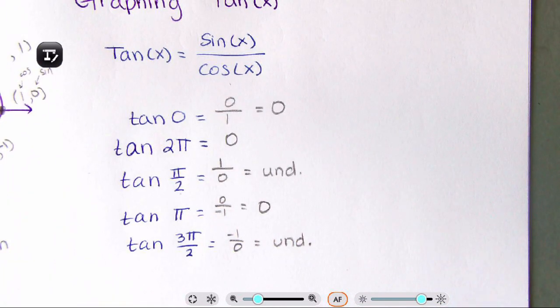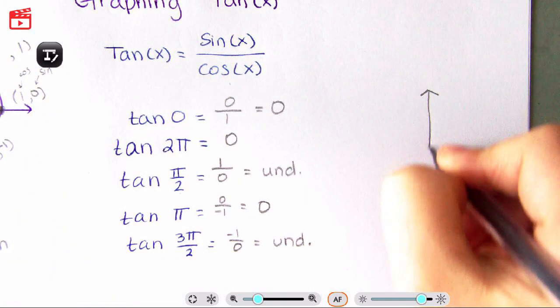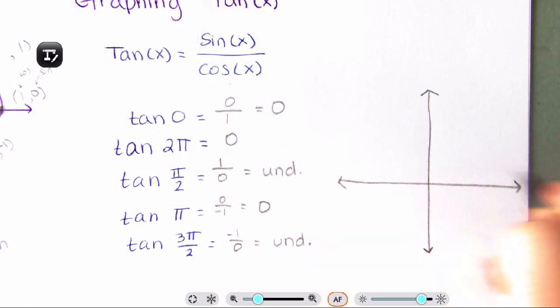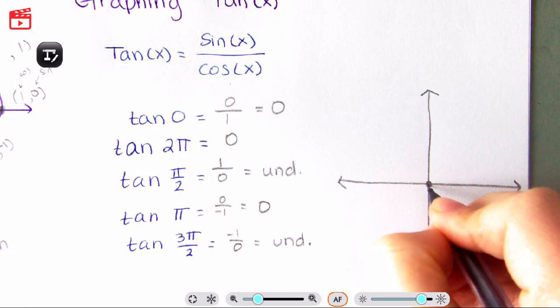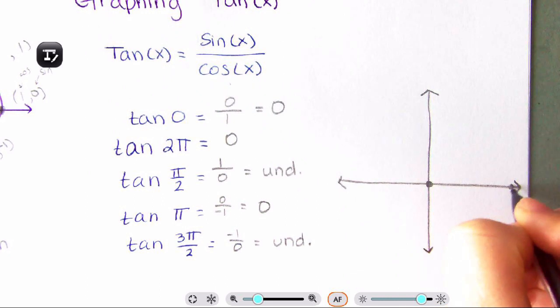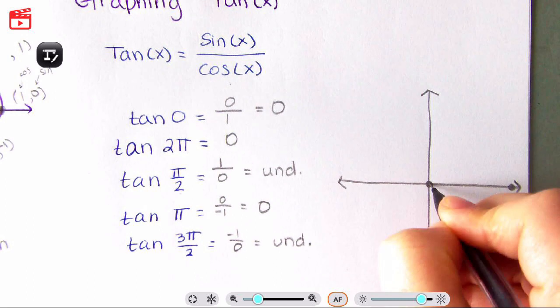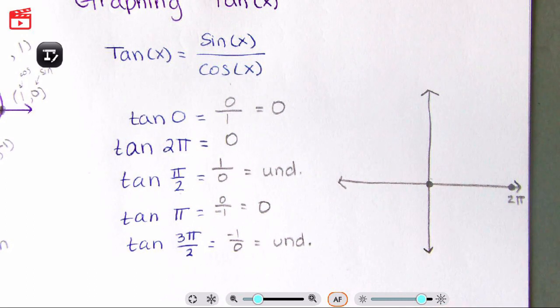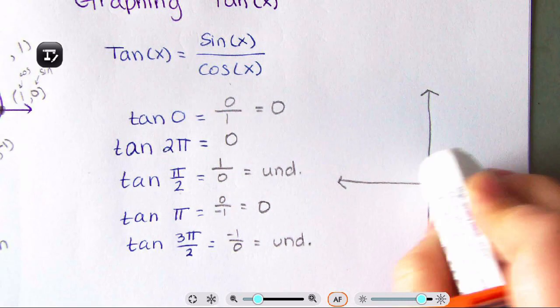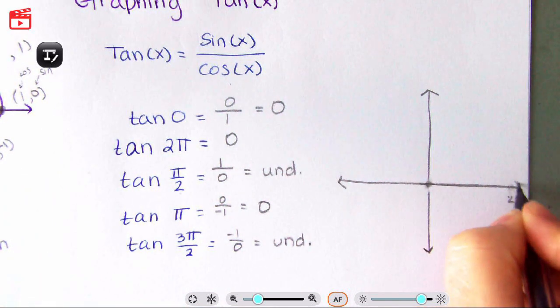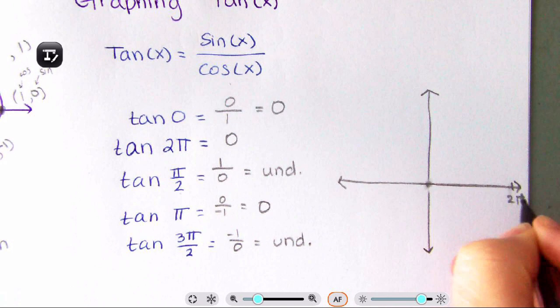I'm going to do just a brief sketch here of the information that we know. So we have 0, we have 2 pi, and maybe I shouldn't do them as points. Let's do little dashes instead. So here's 2 pi.